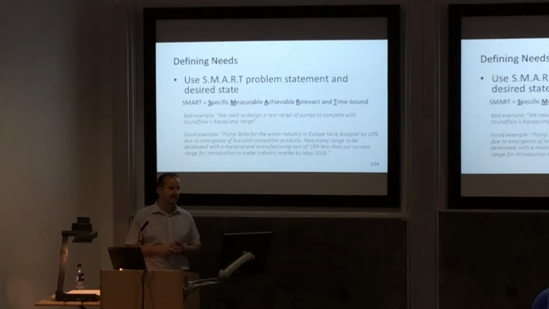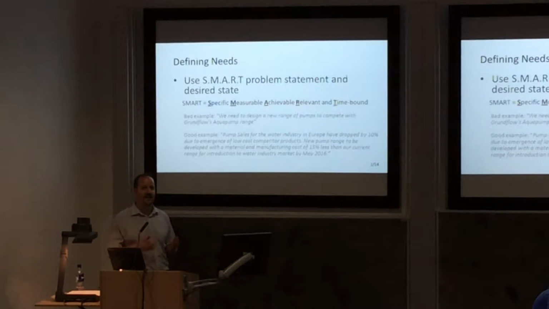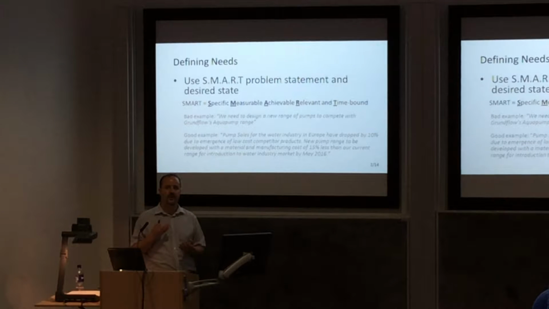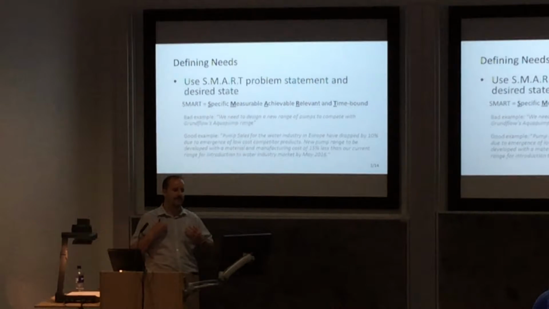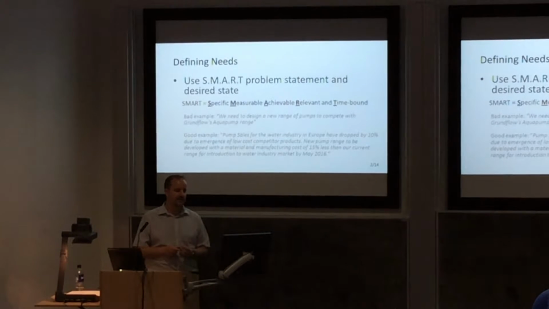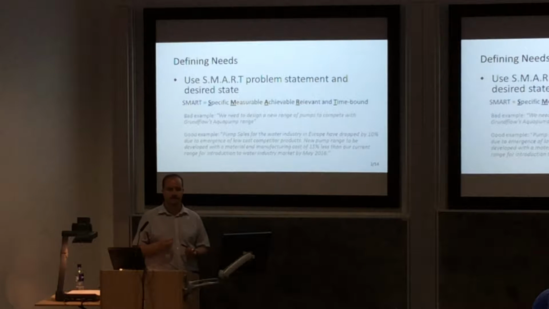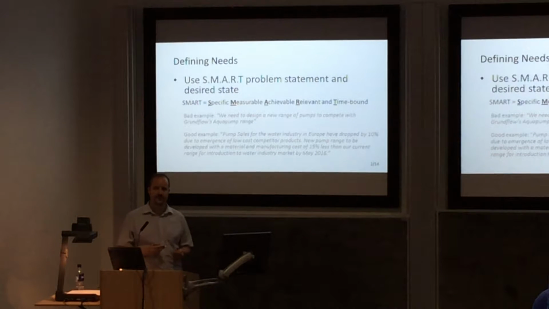You need to use smart problem statements. You will see this time and time again, both in engineering and when you're looking at management tools and management strategy. Smart means you're smart, but it also stands for specific, measurable, achievable, relevant, and time-bound.